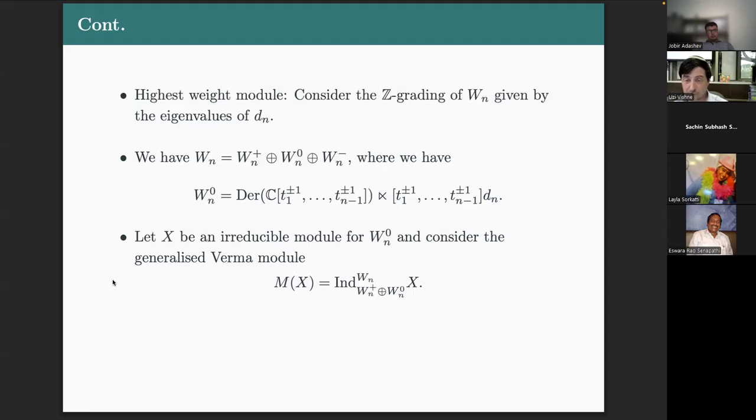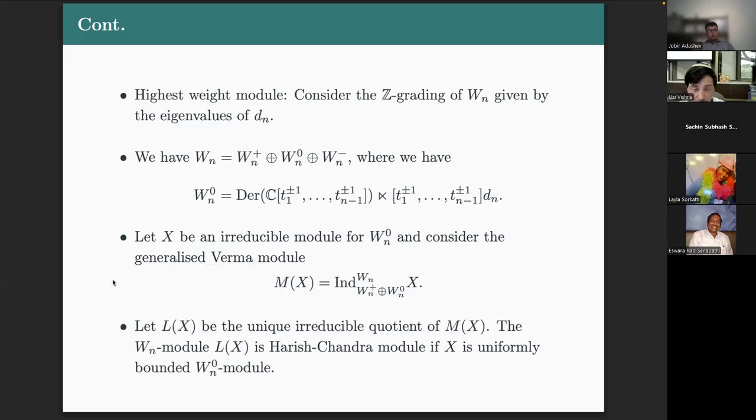And you will see that Lx has a unique irreducible quotient, and it will be Harish-Chandra if and only if X is a uniformly bounded Wn0 module. So note that a uniformly bounded module plays a crucial role in defining the Harish-Chandra modules which are non-uniformly bounded, unlike the highest weight case actually.